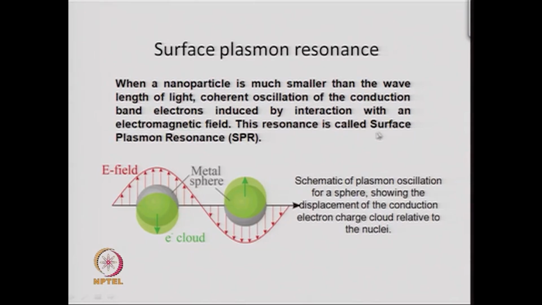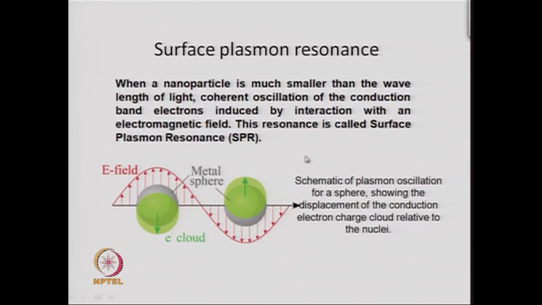So, if the wavelength of the electromagnetic radiation, which is light here, is much larger than the size of the metal particle, then the conduction electrons of the metal particle can oscillate coherently, that means in phase, and this is basically due to the interaction with the electromagnetic field, and this is called surface plasmon resonance.